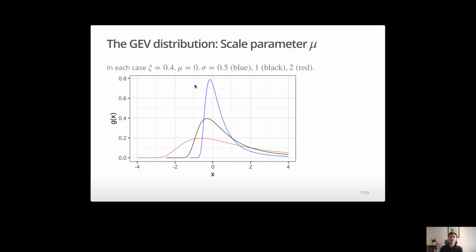This parameter controls how concentrated around the peak the distribution is, in much the same way that the variance operates for a normal distribution. You can see here that for a small sigma value, the distribution is concentrated around its mode, and for larger values, the distribution becomes progressively more diffuse.